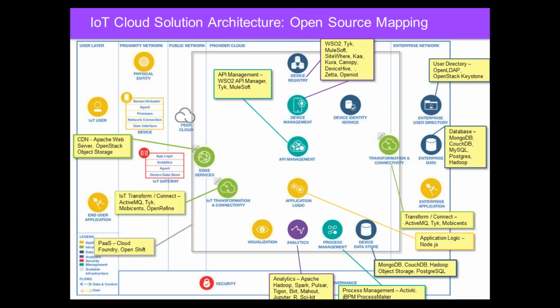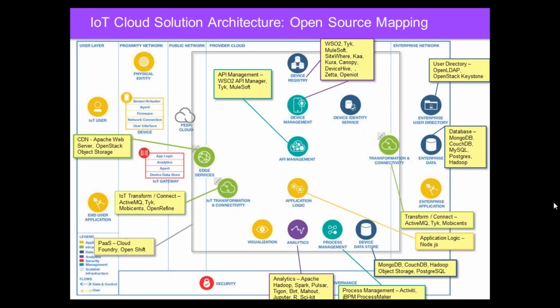Moving on round, going in a clockwise direction, we then have tools you may use for API management, for controlling access to the APIs as we discussed before. There are a number of open source tools available: the WSO2 API Manager, TYK, and MuleSoft. They all have facilities that give API management capability that you can use.